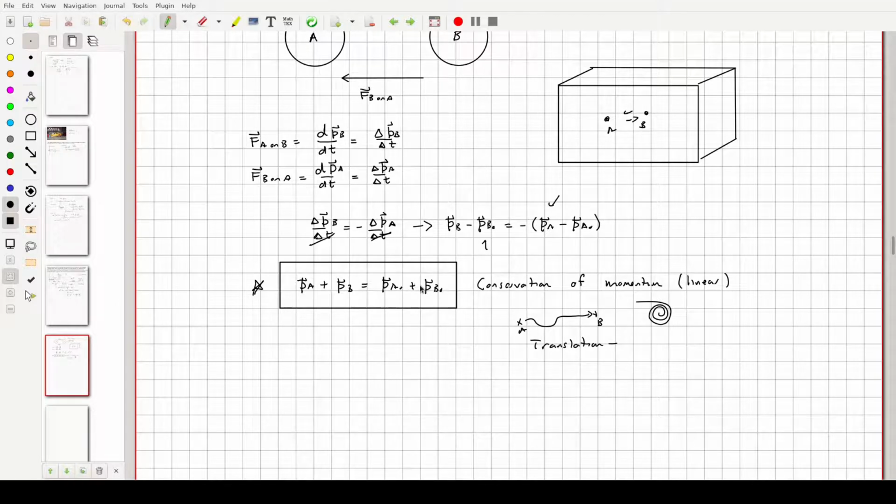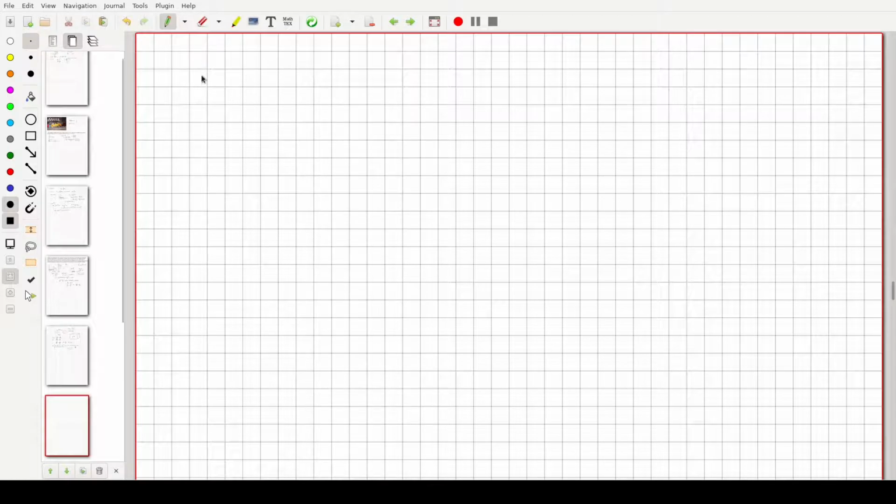Now, so that said, there are two basic types of momentum conservation problems. So two basic types.